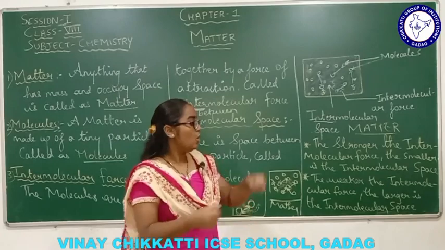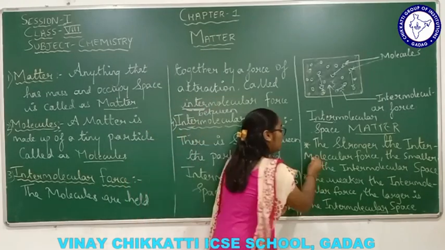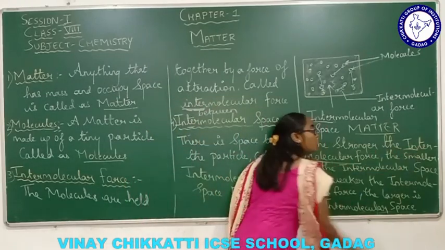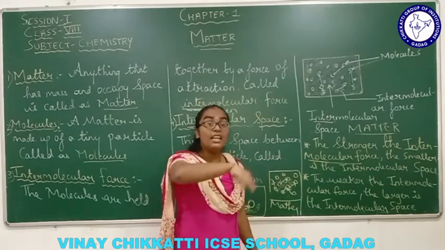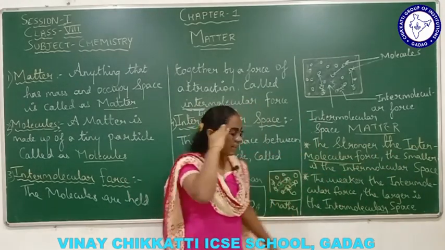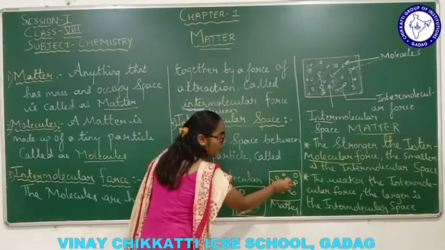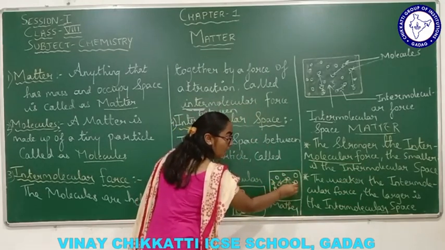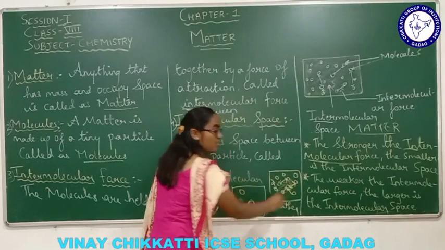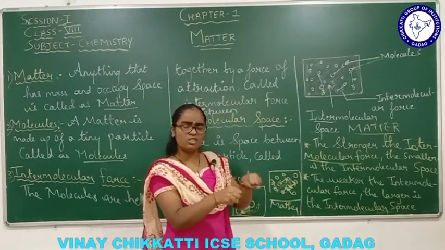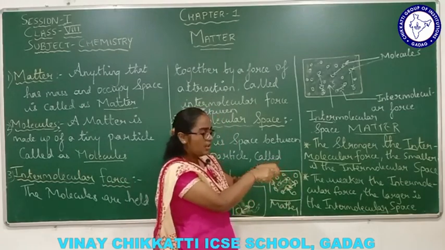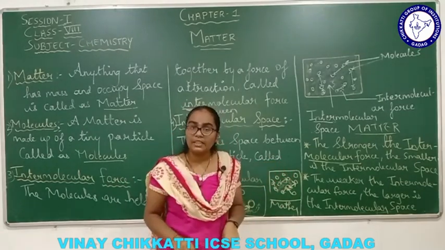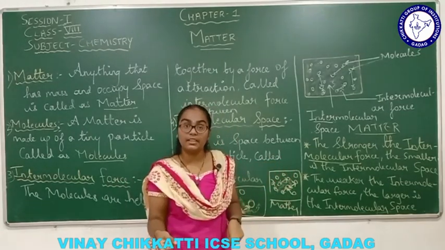Repeat once again. The stronger the intermolecular force, the smaller will be the intermolecular space. It's really common sense. If many molecules are held together, they will have a very strong intermolecular force, right? If they are tightly held together, there will be less intermolecular space between them.